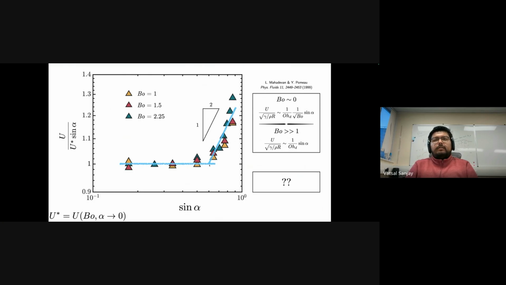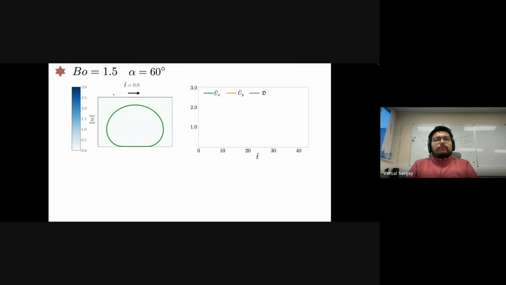So we would like to understand why we see this deviation away from the plateau or the scaling at small angles, which worked quite well over there, but now deviates quite drastically as we go to large enough values of sine alpha. For that, let us look at one case. We are going to look at this case over here. Here I'm co-moving with the droplet.